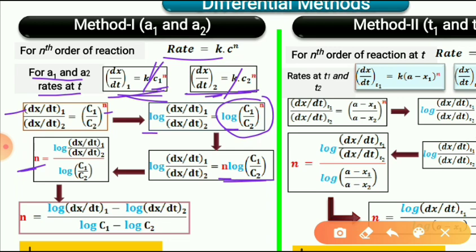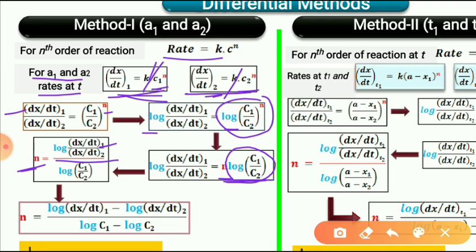For that, we take this factor to the left hand side, so we get n equal to log of dx upon dt1 upon dx upon dt2 divided by log of c1 upon c2. This is in the form of log of x upon y, which can be written as log x minus log y.